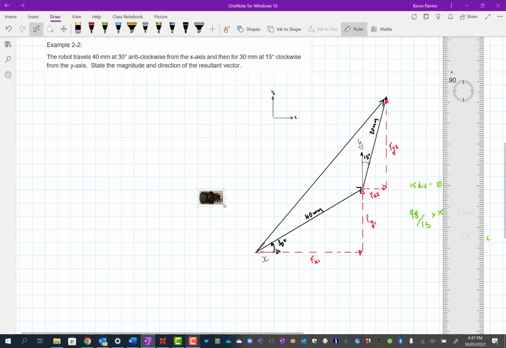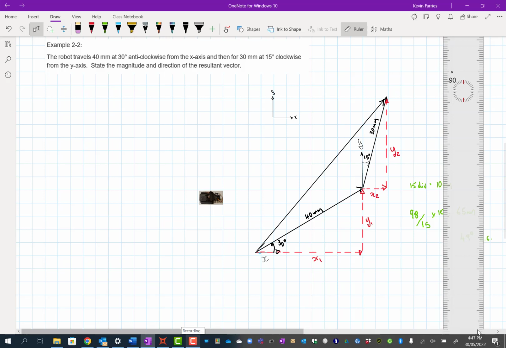Why am I calling them f? I'm thinking ahead to when we're doing forces. Sorry. Simpler than that. x1, y1, x2, y2. Okay.